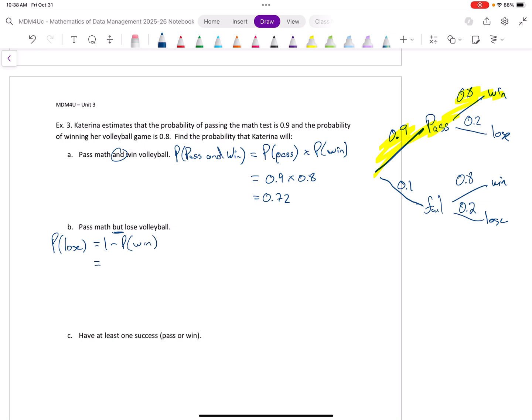So 1 minus the probability of winning, so 0.2. We need that. So overall, the probability of passing and losing: I've got 0.9. I don't always need to write out what these represent as long as they're the right numbers.